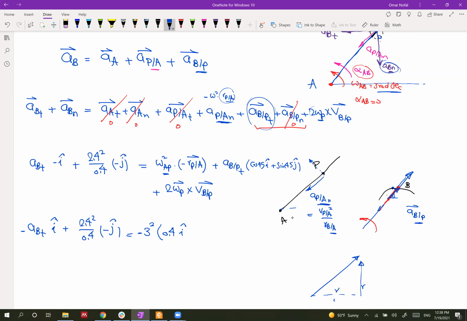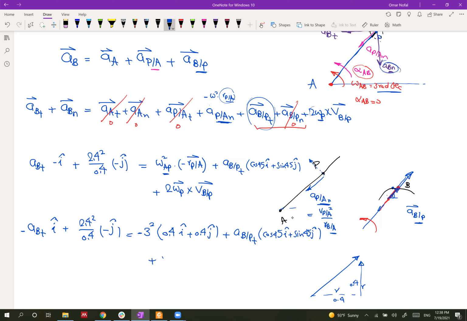And it's 0.4 and 0.4, plus 0.4 in the j hat. And AP, we don't know this term. And we will put the direction cosine 45 in the I hat plus sine 45 in the j hat.